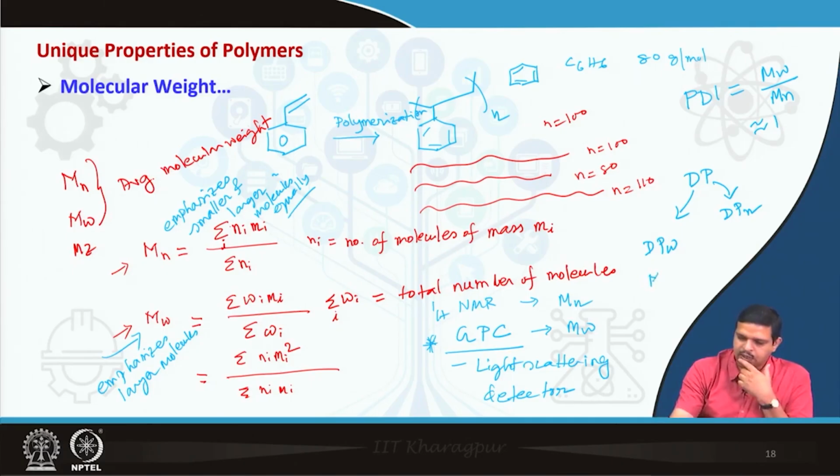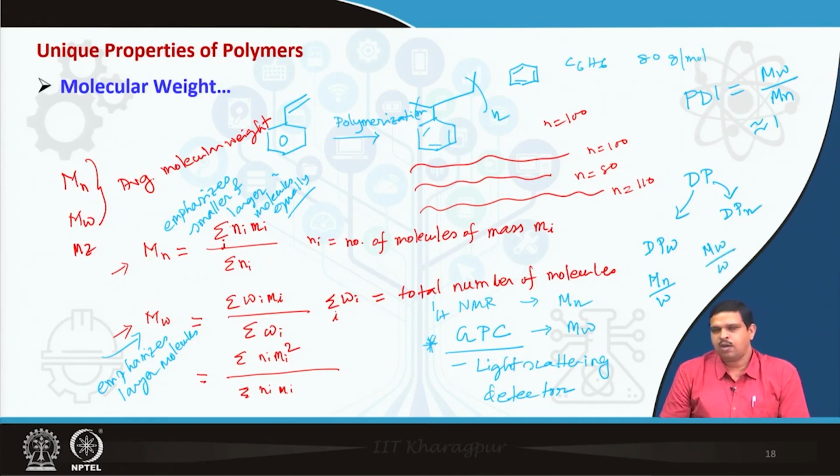So far we have understood how polymers behave in a solution, the solubility, and also how different the molecular weight of polymers is compared to small molecules. Now, we will try to understand what is the special behavior of polymers in the solid state. Okay. So, let us try to understand.